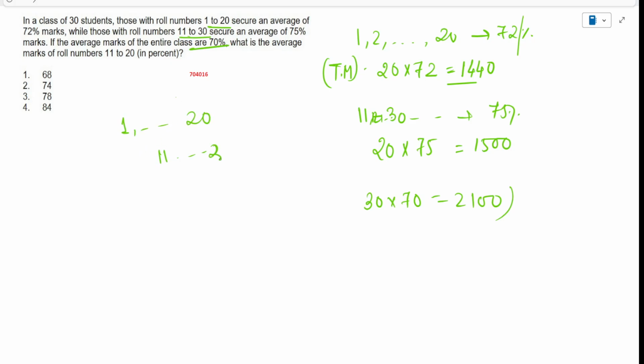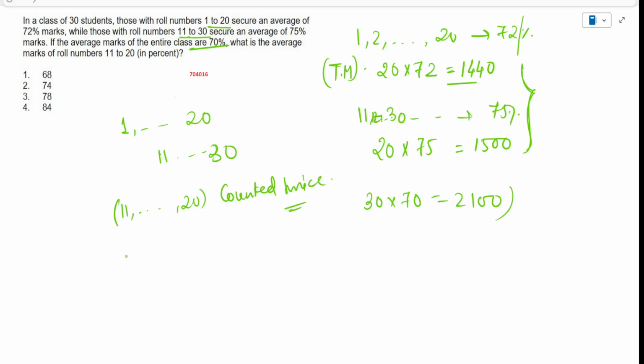Fine. Now, if you see that here first we count from 1 to 20, then again we count 11 to 30. That means this roll number from 11 to 20 that counted twice. So their total marks for these 11 students we counted twice in both cases.